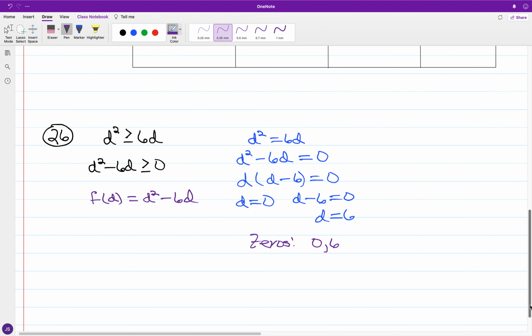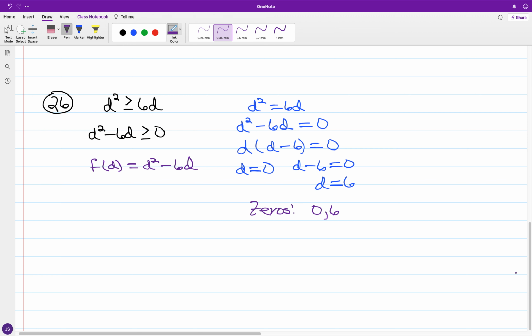Now setting things up, again we have our table of intervals, so we have 0 and 6 for the zeros. At the lower end, we have those values of x less than 0, and then we have those values of x, or d rather, between 0 and 6, and then we'll have those values d that will be greater than 6.